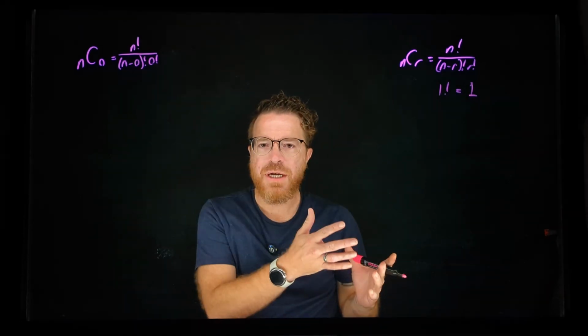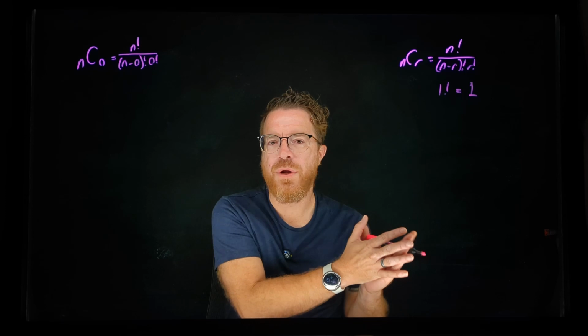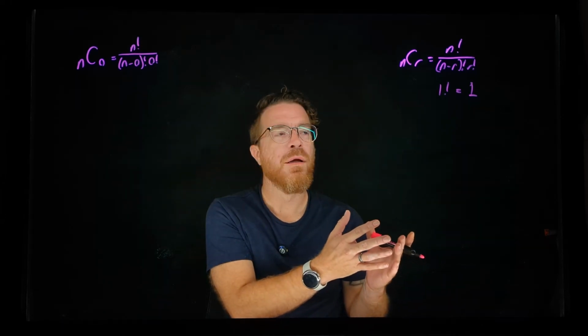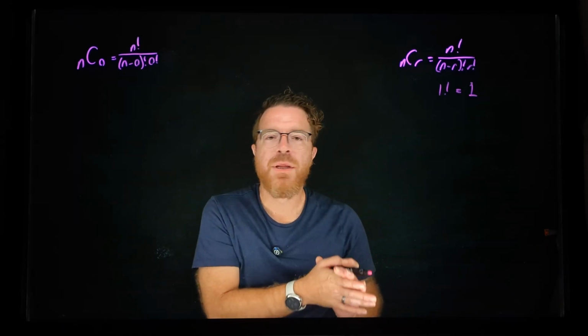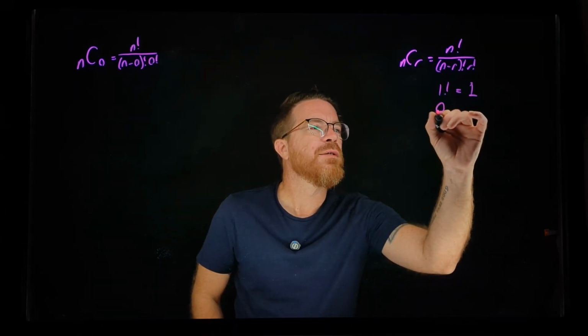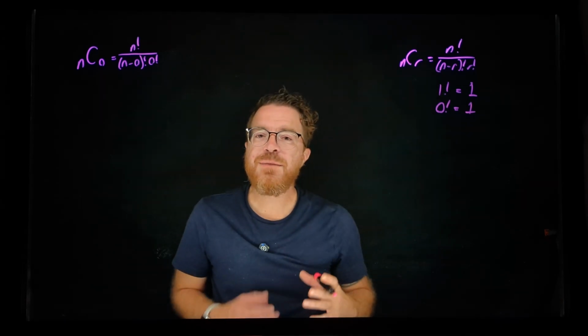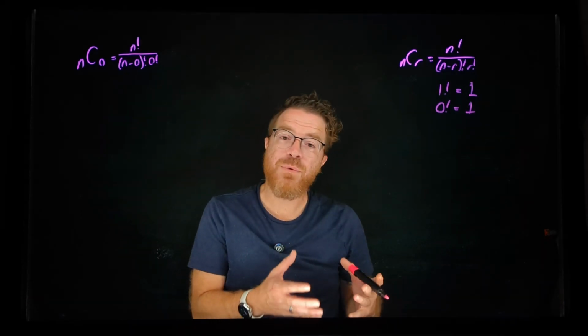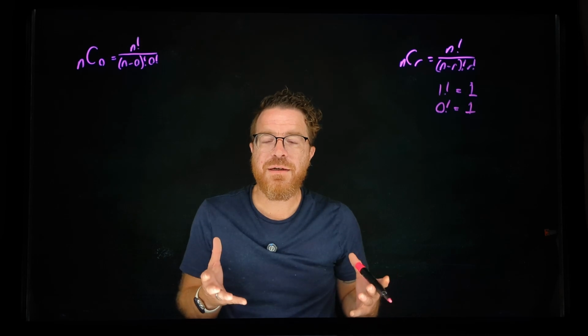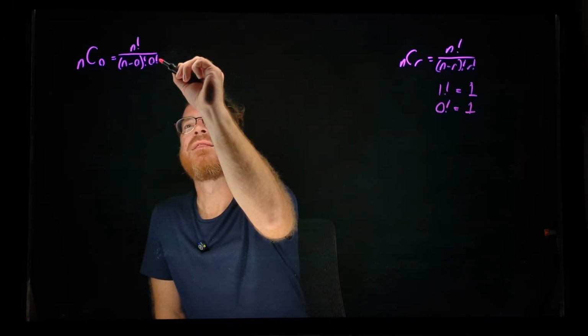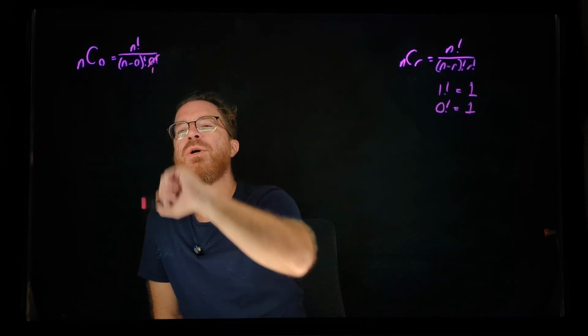If I have one object, how many ways can I select that one object, where order does not matter? Well, there's one. I select the one object. What about when we have 0 factorial? Well, this is also going to be equal to 1, and this is because if I have no objects, again, I only have one way I can select them. I select none of them. So in this case, this 0 factorial is going to go to 1.